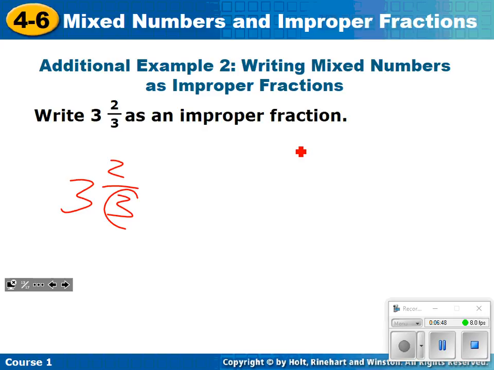You start at the bottom and you multiply these. So 3 times 3 is 9. And then you add that, which is what? 11. And then you keep the denominator. Denominator doesn't change. See that? So you multiply the whole number and the denominator, and then you add the top one.